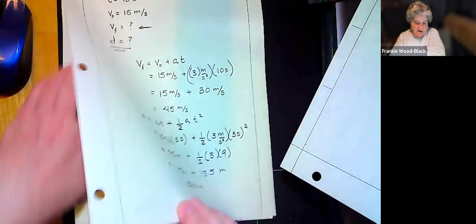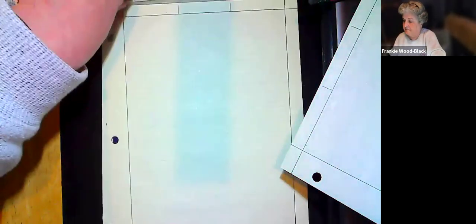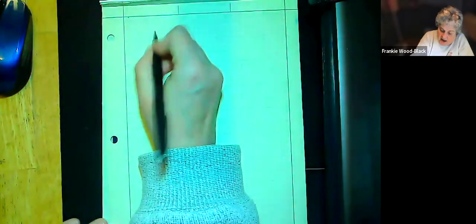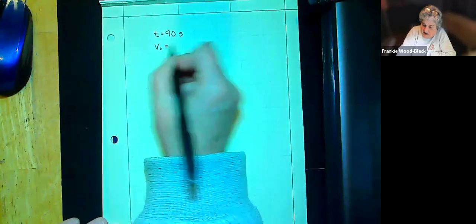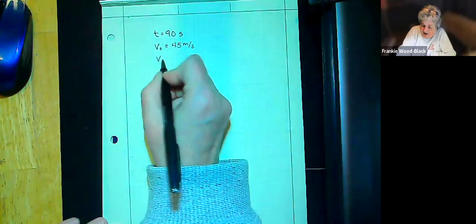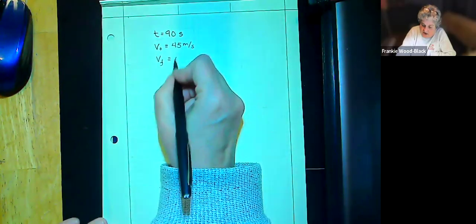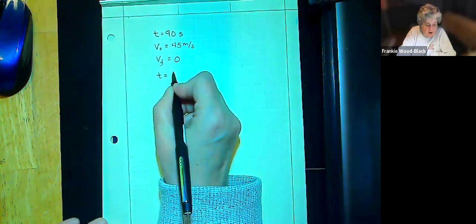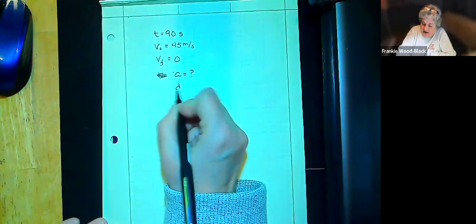So we'll come over here and we'll do that. So we know that time is equal to 90 seconds. Our initial velocity was 45 meters per second. Our final velocity is 0. We have our time. I need acceleration, and I need distance.